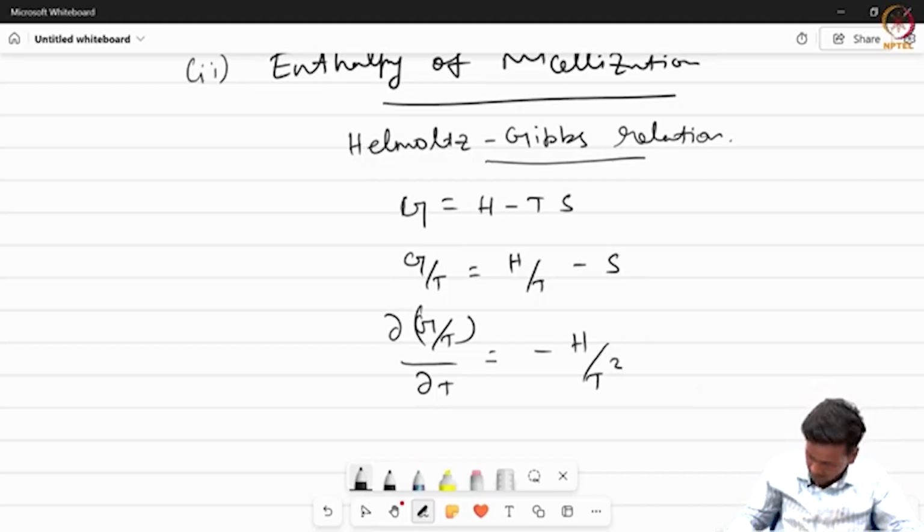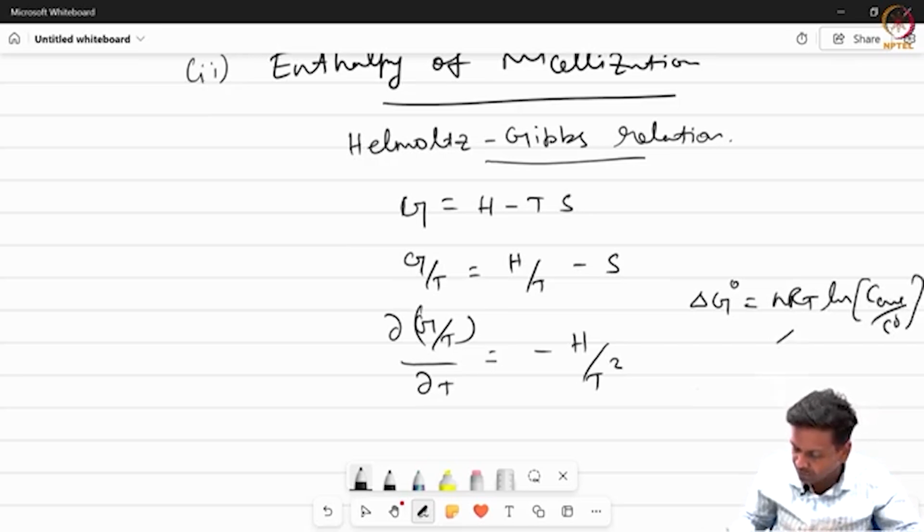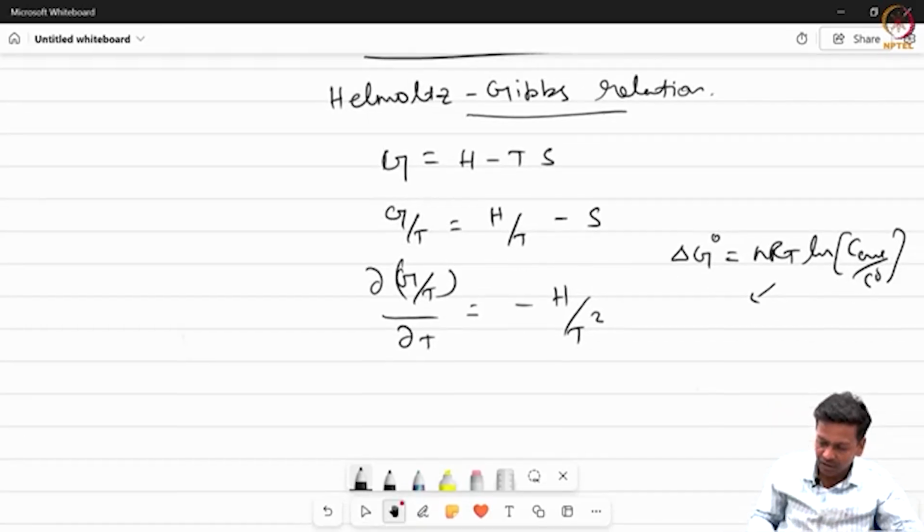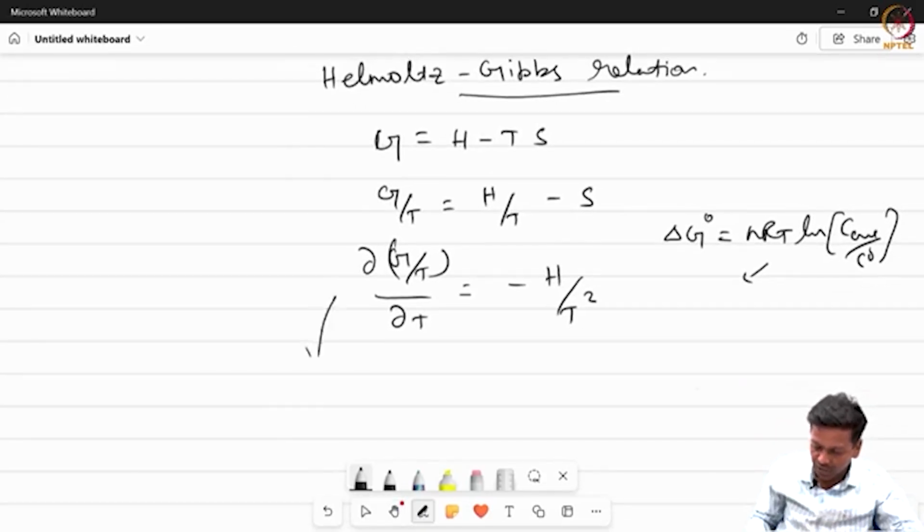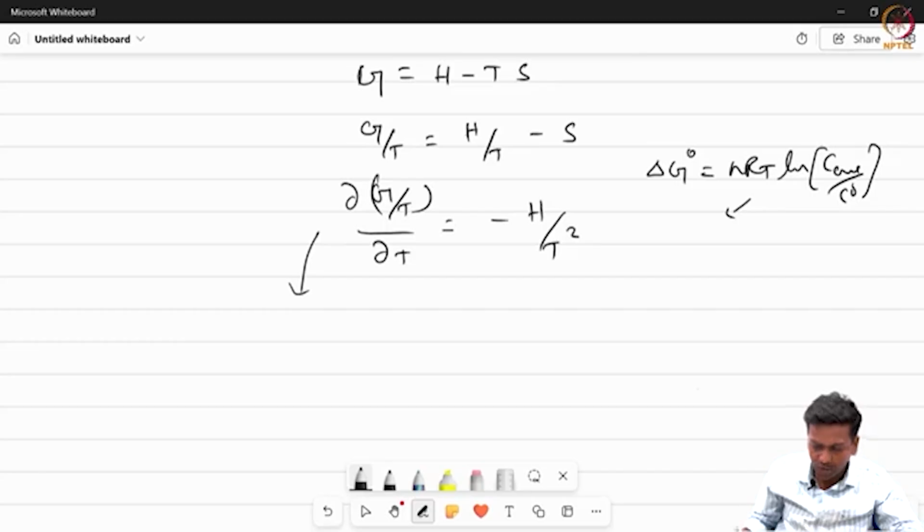Remember, we have the relationship for the delta G naught, which is nothing but nRT ln CMC by C naught, right? So we want to use this expression, and for that, what we have to modify is both sides, you have to use this operator and use this standard reference state notation.